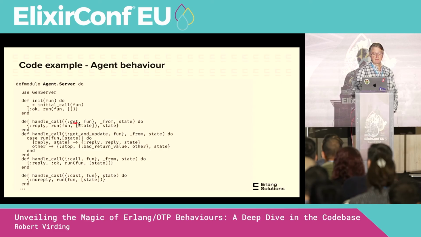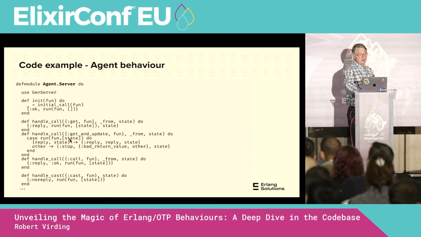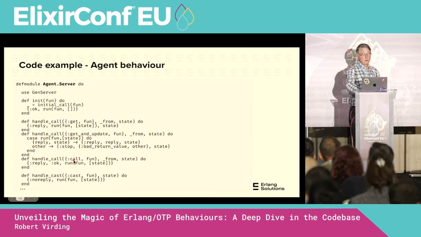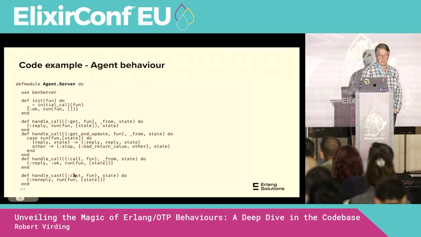So if we're doing get with a fun, we just call that fun and return the reply. We don't change it. If we do a handle call with get and update, we call that function, the fun we send over, and that's going to return the reply and the updated state, which we then return. And if you get something else, something went wrong, and we do a bad return here and die. And we've got a handle call for just doing calls. We just call that function and return the reply. And cast just updates the state and leaves it there.